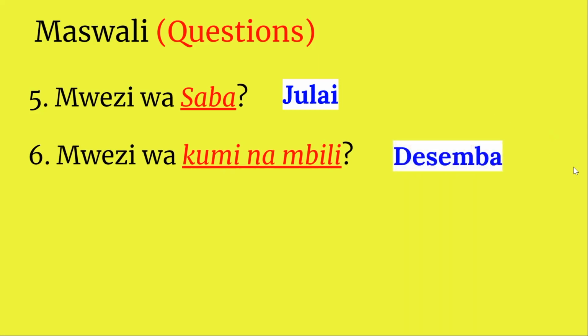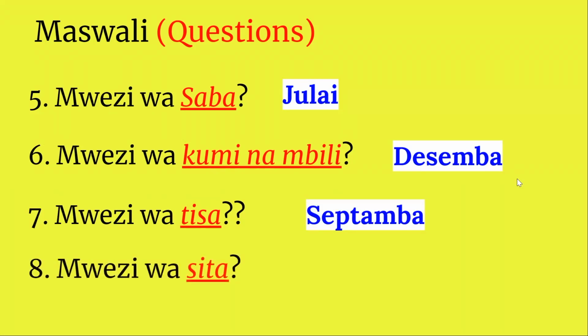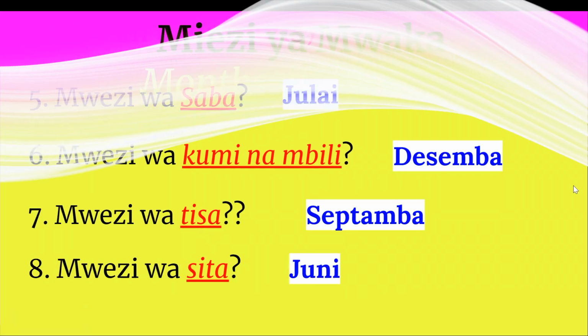December ni mwezi wa kumi na mbili. Mwezi wa tisa. September ni mwezi wa tisa. Mwezi wa sita. Juni ni mwezi wa sita. Again, tisa and sita, 6 and 9.